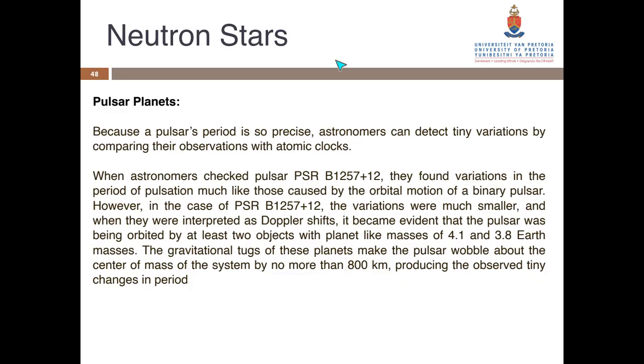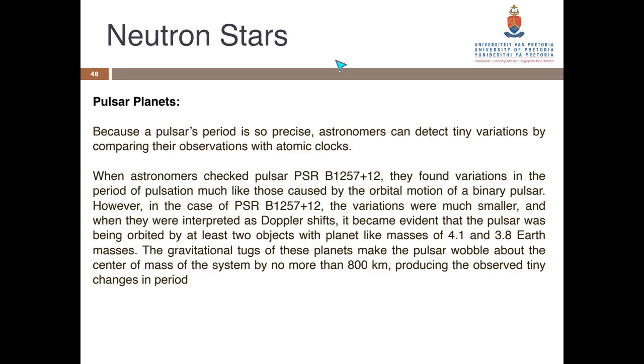Because a pulsar's period is so precise, astronomers can detect tiny variations by comparing their observations with atomic clocks. So when astronomers checked pulsar PSR B1257, they found variations in the period of pulsation, much like those caused by the orbital motion of a binary pulsar. However, in the case of this pulsar, the variations were much smaller, and when they were interpreted as Doppler shifts, it became evident that the pulsar was being orbited by at least two objects with planet-like masses of 4.1 and 3.8 Earth masses.